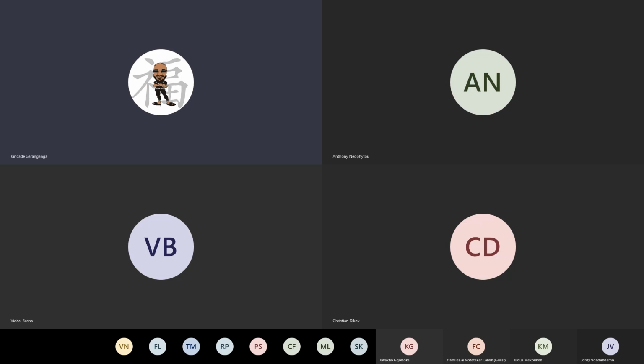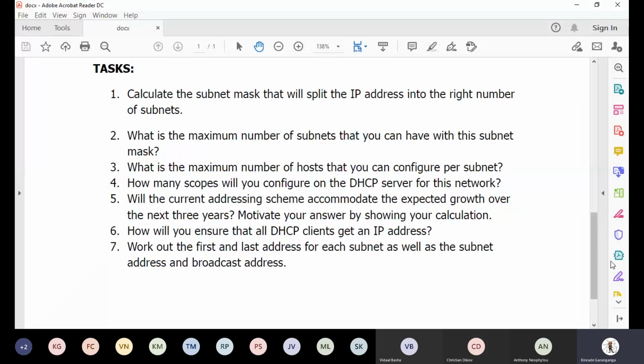So as far as the 6 subnets that we've managed to get there, we want to work out the first and last address, and then look at making sure that we incorporate the subnet address as well as the broadcast address. Remember, normally broadcast addresses are the last address within any given range. And ultimately, the first address is the one that defines or indicates your subnet or your network ID.